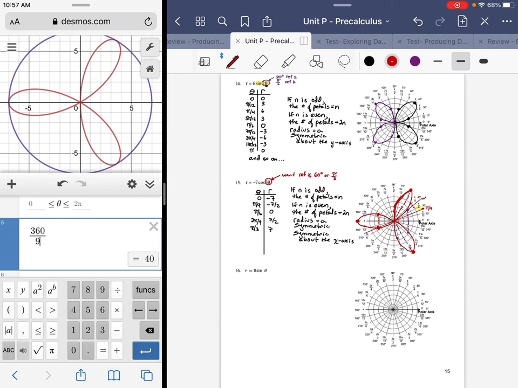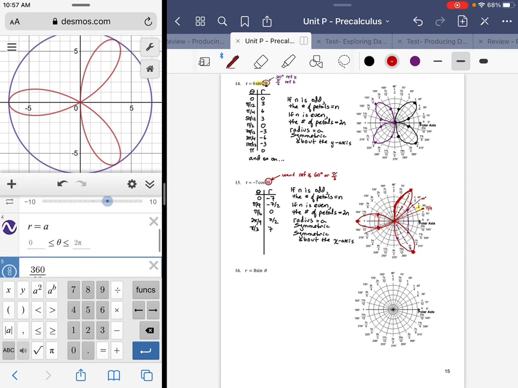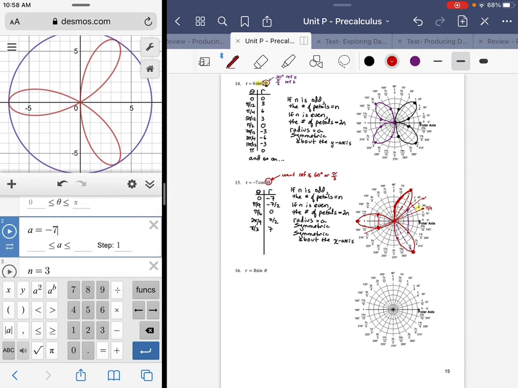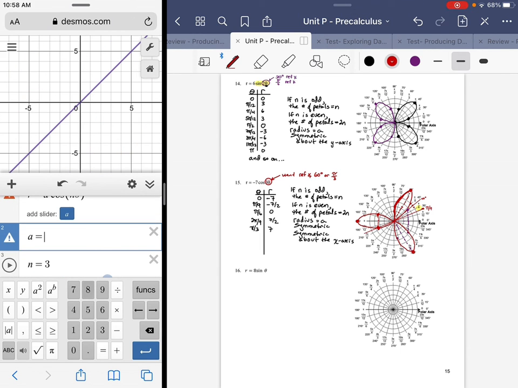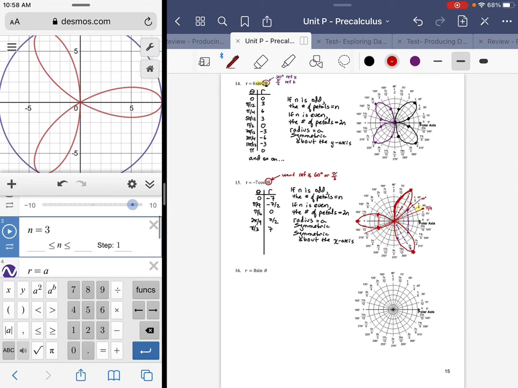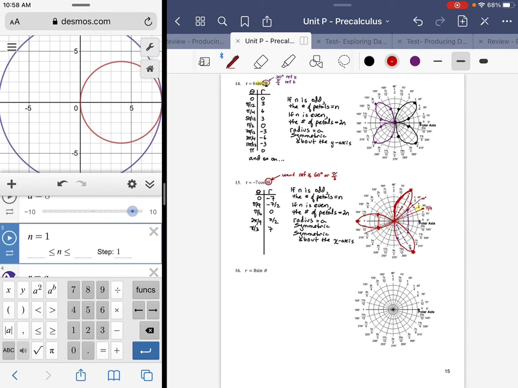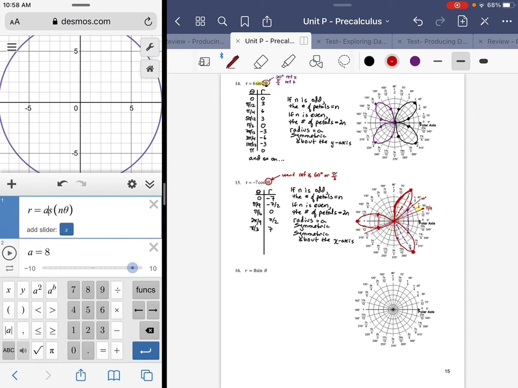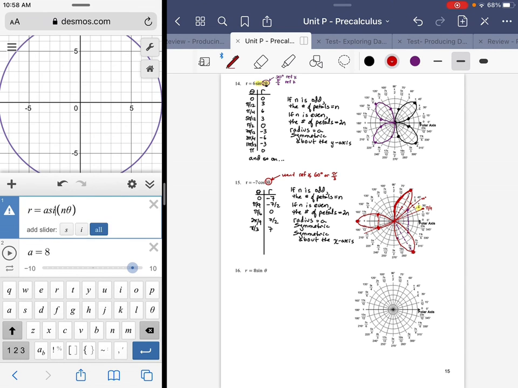Now, the last one is kind of putting everything together and saying, all right, what do we know? We're going to have one petal. It's going to be symmetric about the y-axis, and it's going to go upwards. If you want to eyeball it, you could do that just by popping in a coefficient of 8 and an n value of 1.